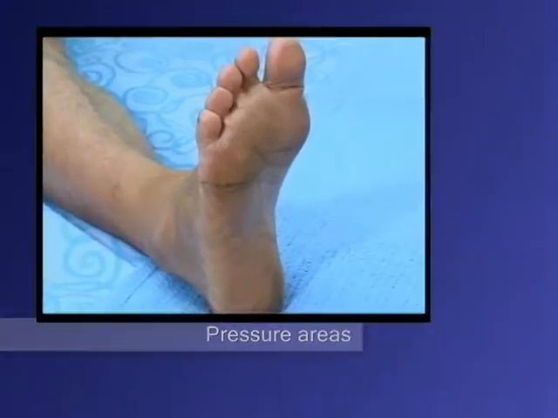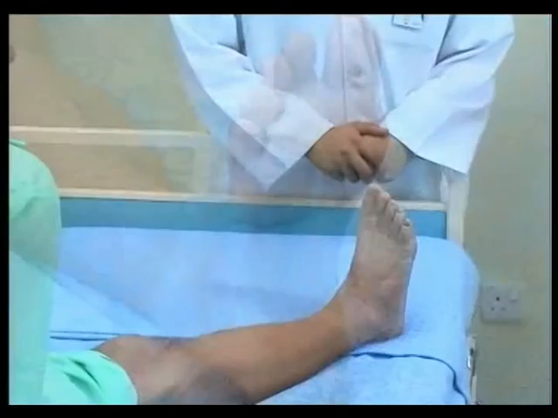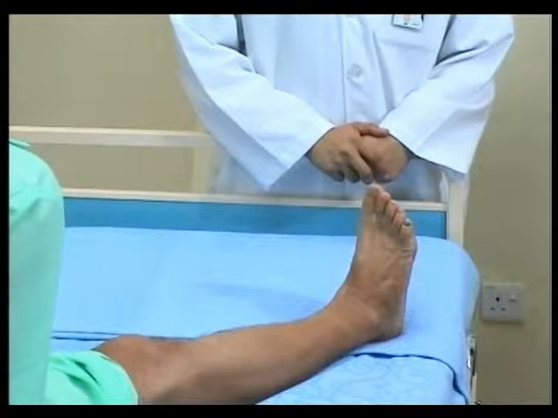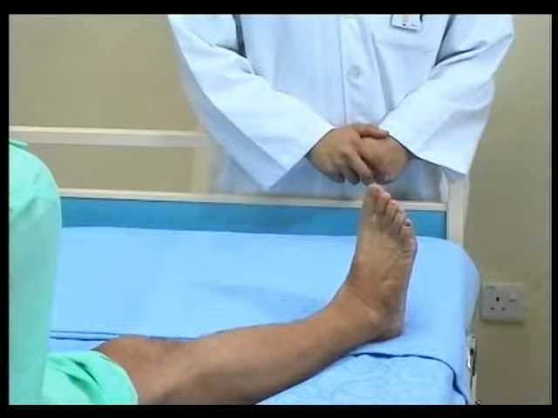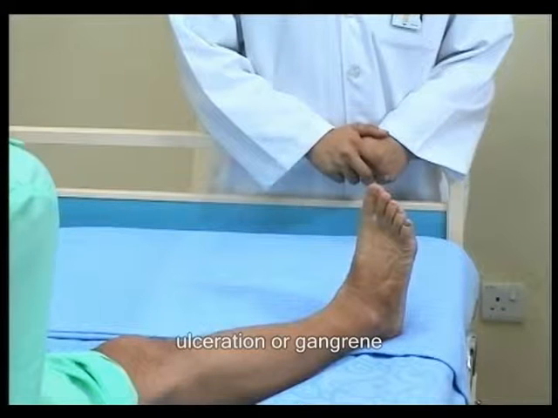Pressure areas. Look carefully at areas exposed to pressure or trauma during walking or bed rest. These are the first sites to show evidence of trophic changes, ulceration or gangrene.